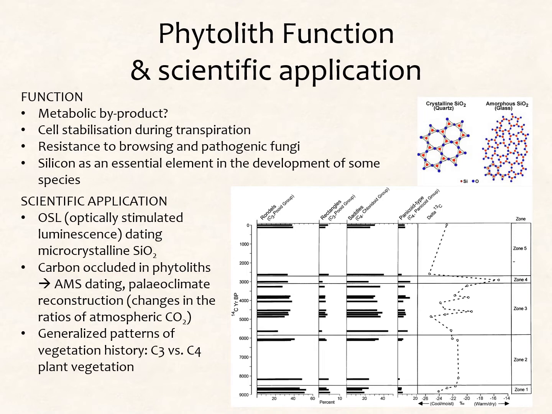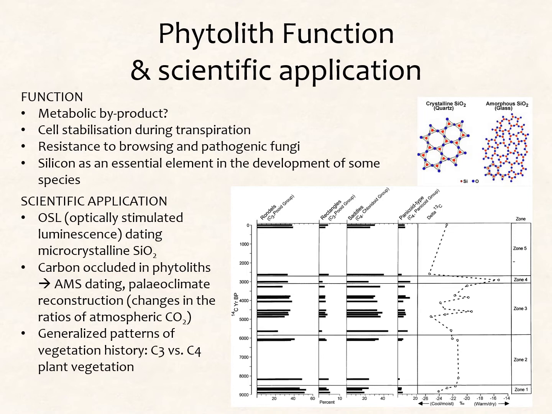Measurable amounts of microcrystalline structures have been reported within phytoliths, creating the possibility of direct dating using OSL methods. Phytoliths can contain inclusions of chemical elements such as aluminium, iron, phosphorus, copper, nitrogen, carbon, and others.